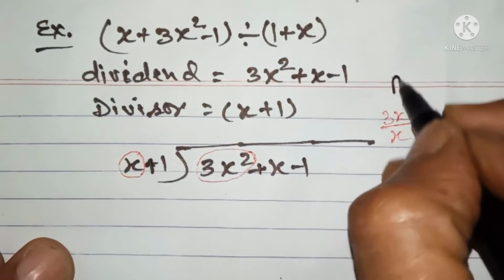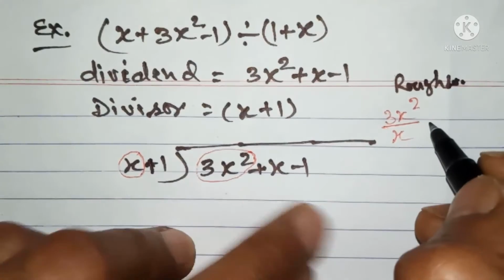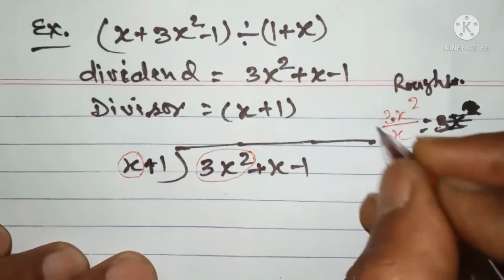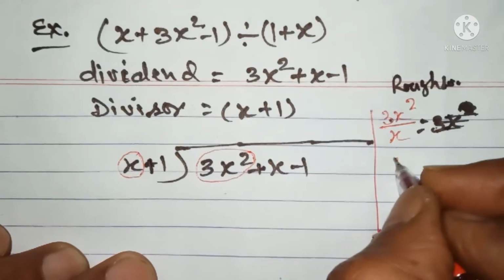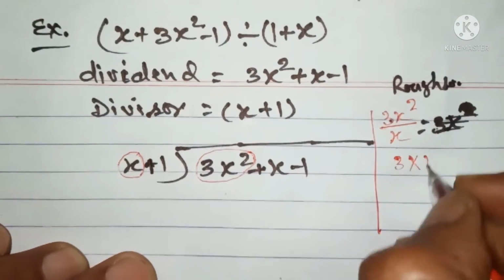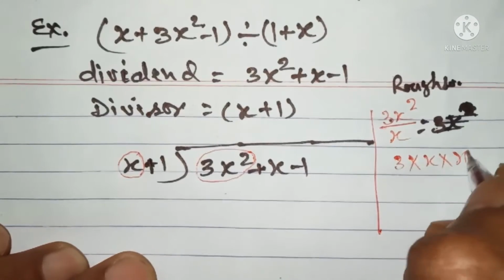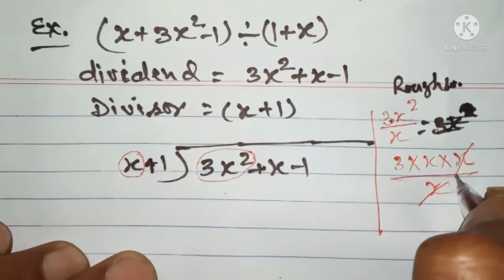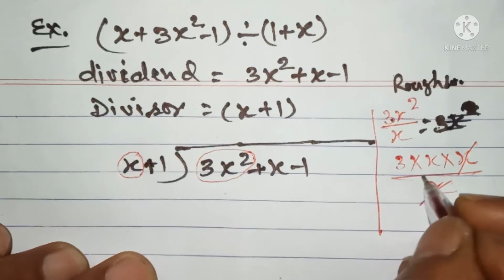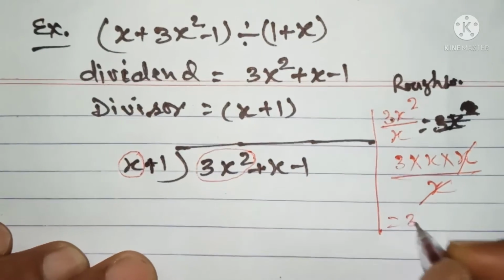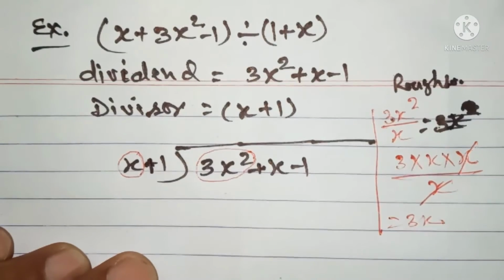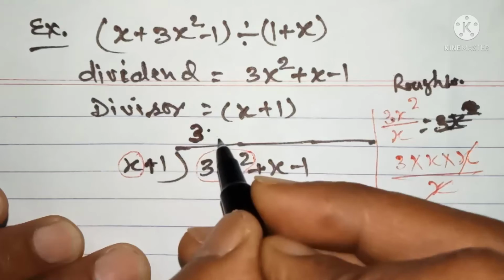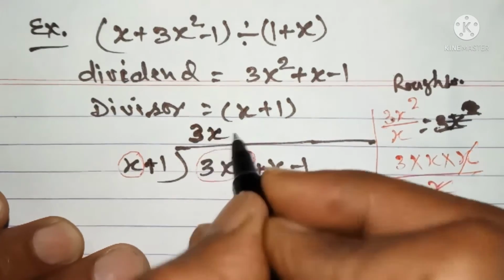This is the rough work. It will give us 3x. This will be 3 into x into x divided by x. x cancels, and it will give us 3x. Then the first term of the quotient will be 3x.